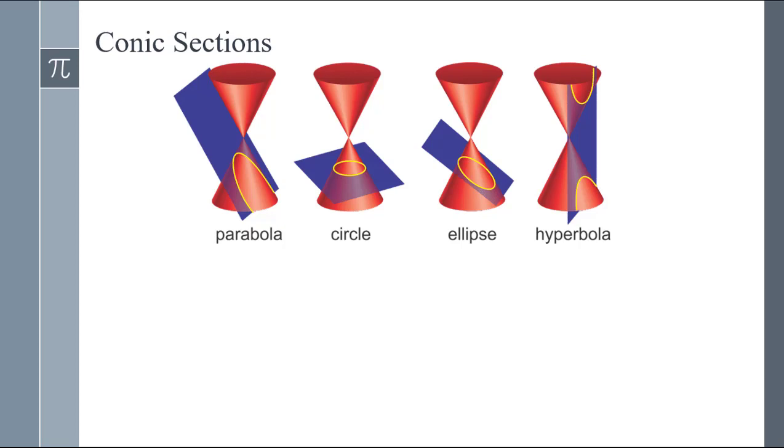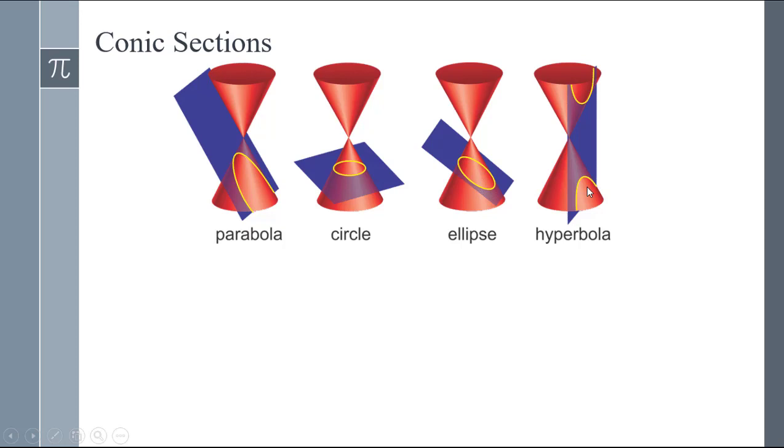As you can see, the circle is parallel to the base of the cone, and oblique with that. I've cut it one side from both of the cones. These are conic sections: the circle, ellipse, parabola, and hyperbola.